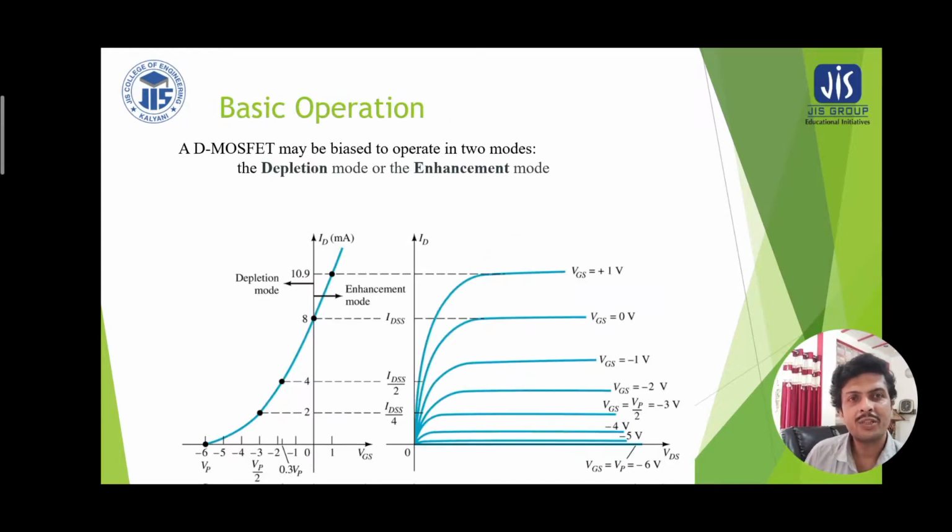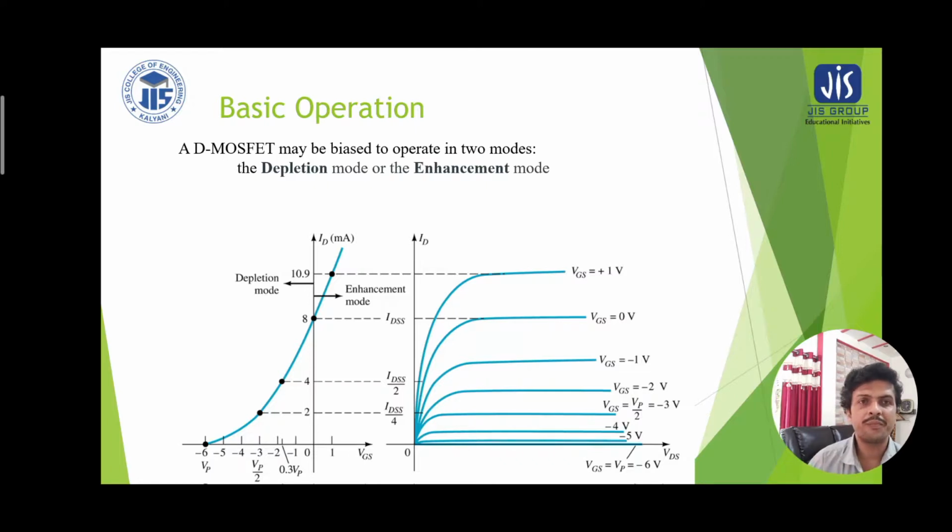And this is the basic operation of D MOSFET. Here the drain to source voltage is more and more positive, and depletion mode and enhancement mode are both shown, because for depletion mode the gate to source voltage is negative or less than 0 volt, and in case of enhancement mode, the gate to source voltage is positive more and more.